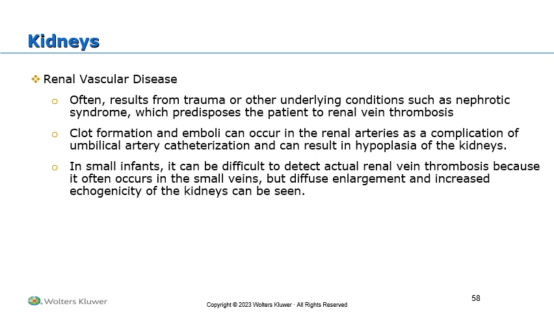In small infants, it can be difficult to detect actual renal vein thrombosis because it occurs in the very small veins, not the large veins where we might actually see a thrombus. So you're really looking at diffuse enlargement of areas of the kidney in this particular case, because it's going to be out there in the smaller peripheral vessels in which, again, the kidney is getting blood flow, but it can't get it back through the venous system because of the thrombus.